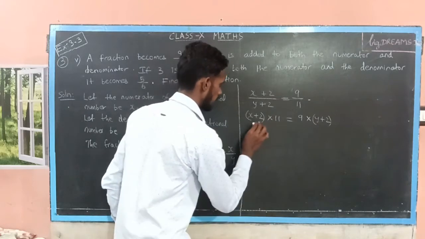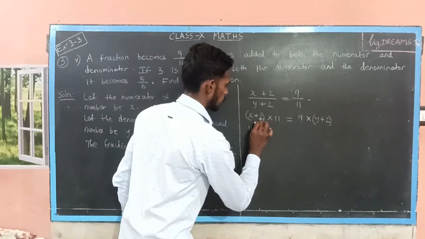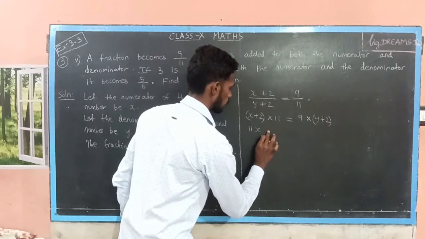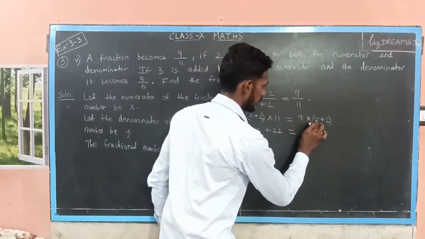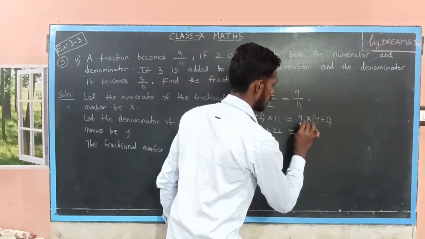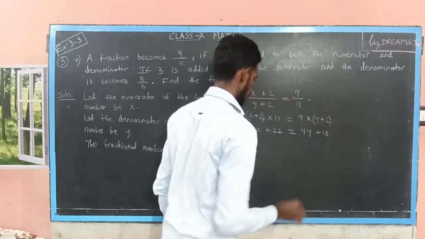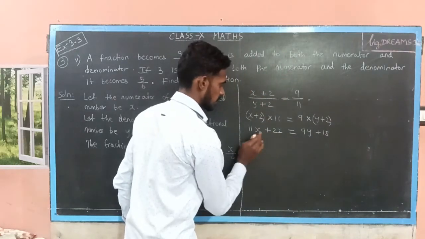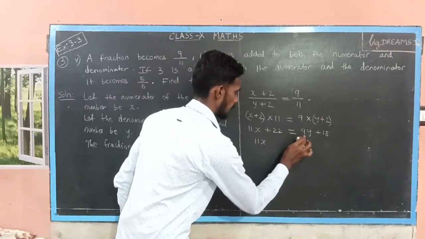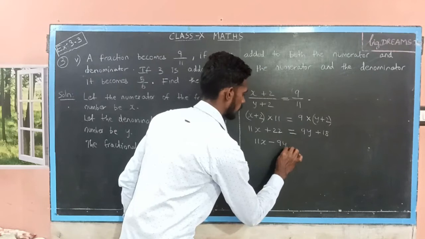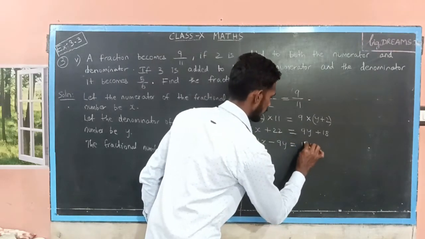Let's simplify. 11 into x becomes 11x, 2 into 11 becomes 22. So it is plus 22 is equal to 9 into y, that is 9y, 9 into 2, which is 18. Bring the x terms and y terms to LHS, that is 11x minus 9y is equal to 18.